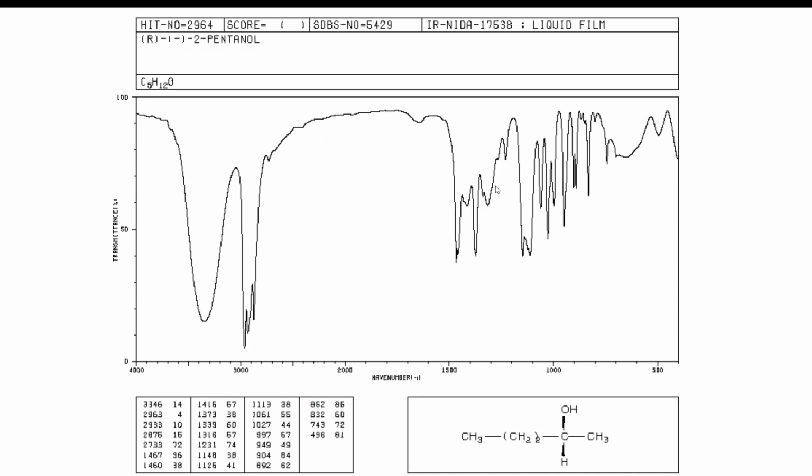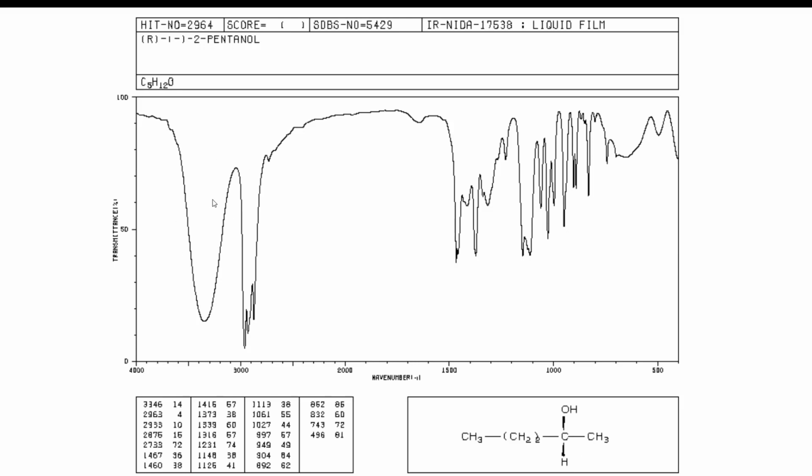The next type of molecule is what's known as an alcohol, and this one has a different type of structure. I want you to see that in this case, we have our 3000 zone, and this 3000 zone is still our carbon-hydrogen bonds. We still have a lot of carbon-hydrogen bonds.